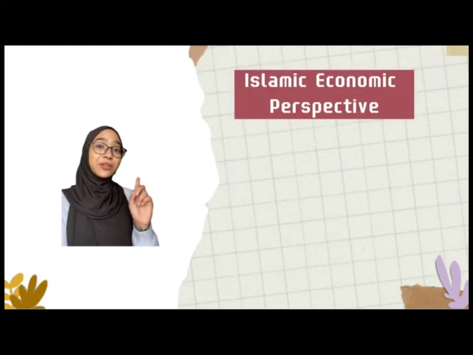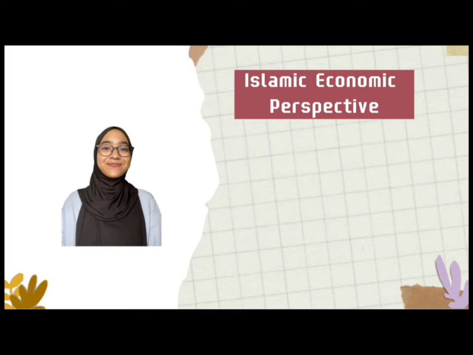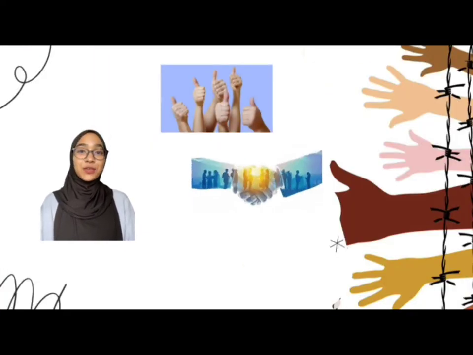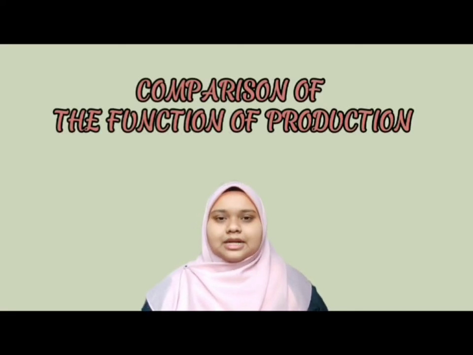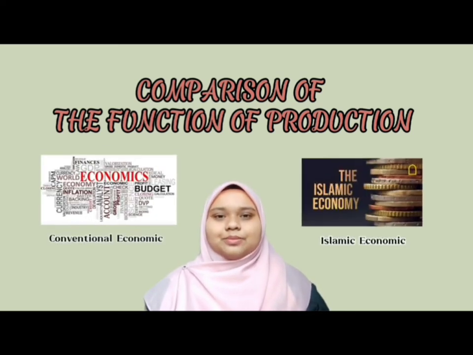While the Islamic economic perspective emphasizes the benefits of goods produced. Producing goods must have a relationship with the needs of humans, and it is not oriented to gain profit but beneficial to society in a balanced manner.